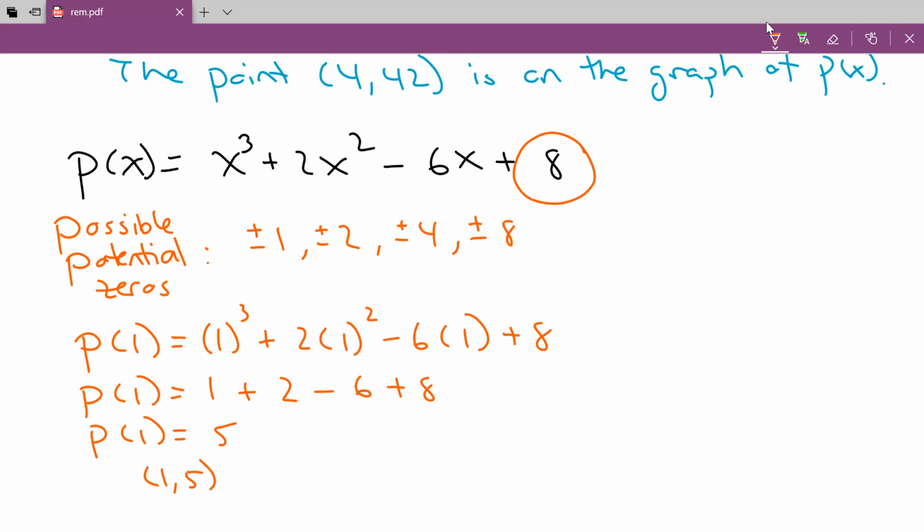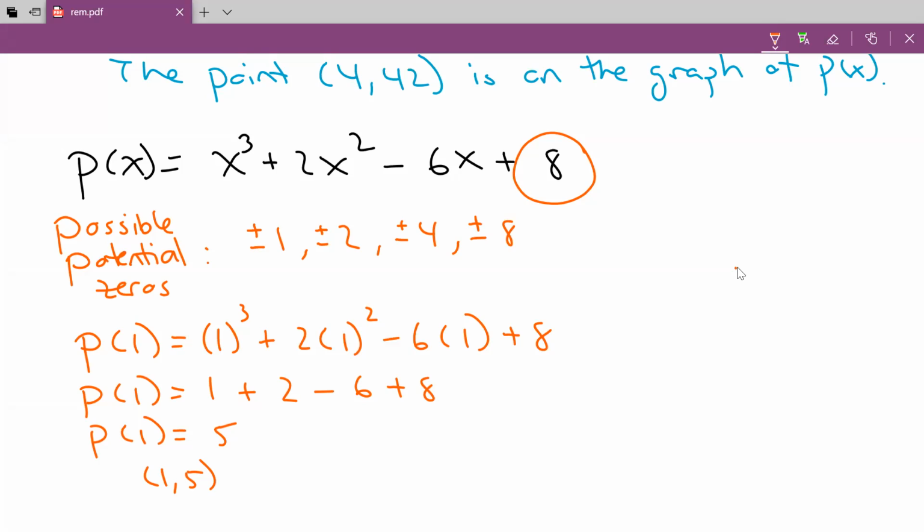I'm trying to factor this thing. So the way this works is you need to go through these 8 different possible zeros and say, okay, which one of these could give me an x-intercept when y is 0? Well, unfortunately, my first guess was a bust. I didn't get a factor. So back to the drawing board.